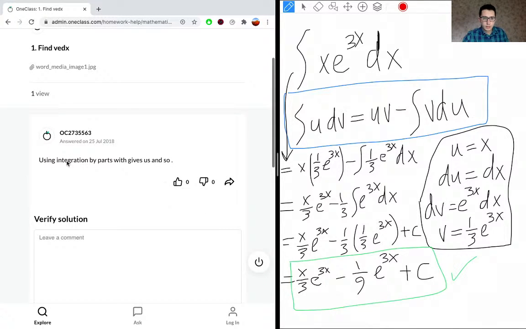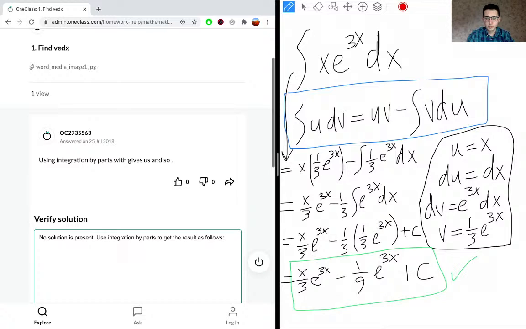So here it identifies that we have to use integration by parts, but no solution is present. Use integration by parts to get the result as follows.